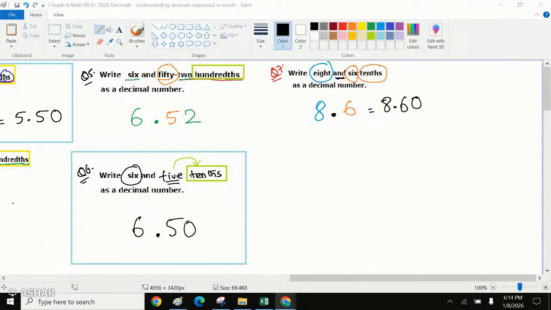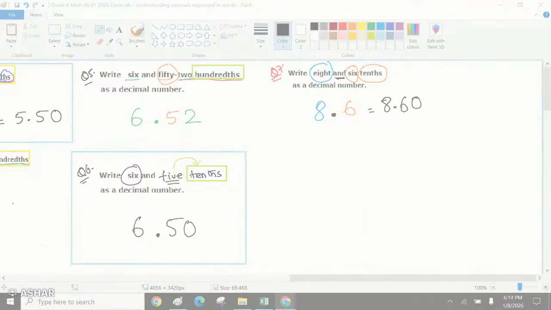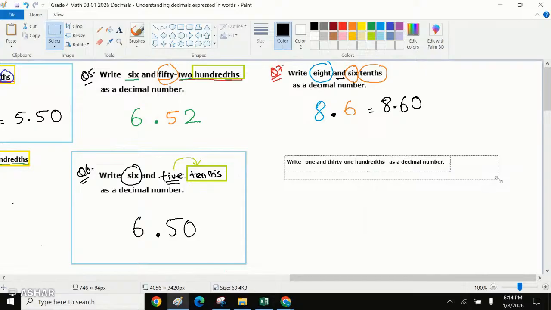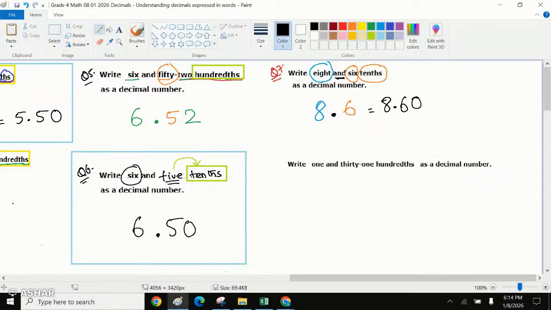Moving on to the next. Can I have the answer to write 131? If I said 131, that means there were 3 numbers, right? There are already 3 numbers. So that means 100 has to be there as a decimal number.